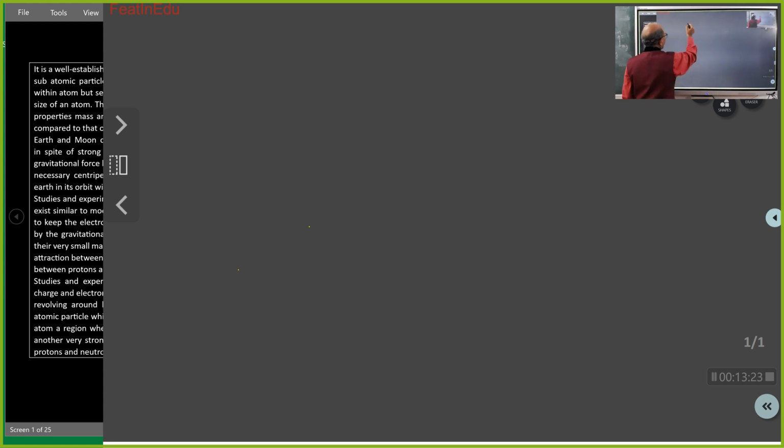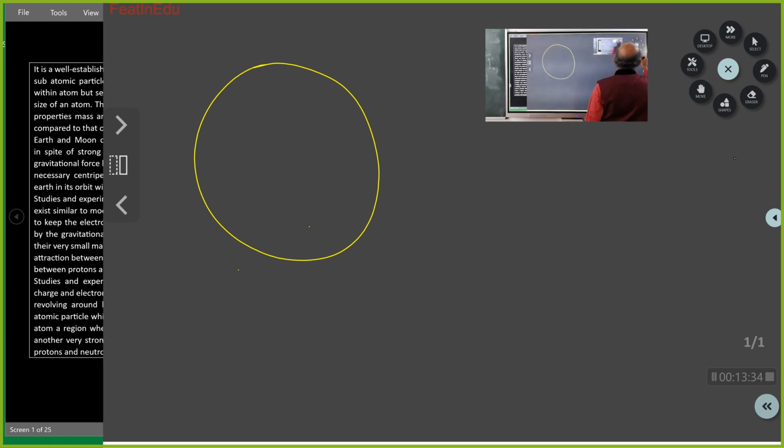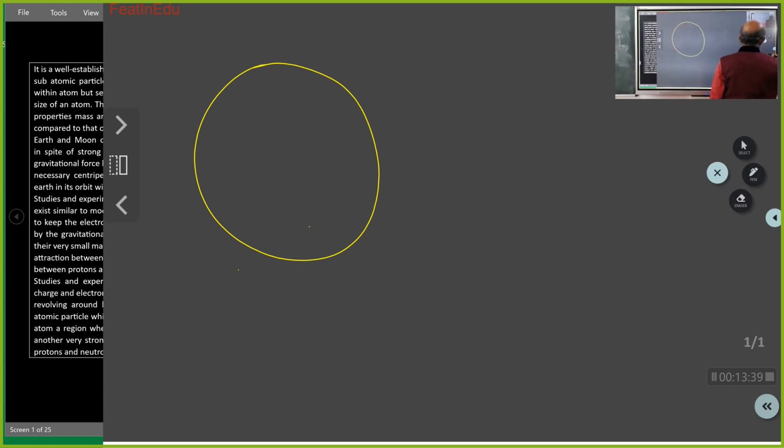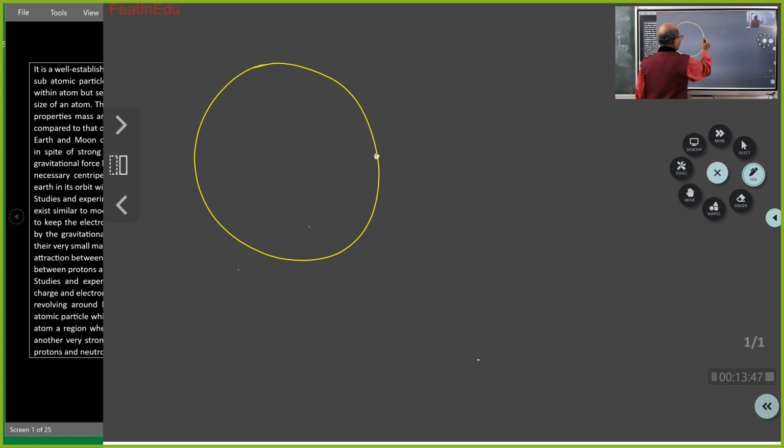Here you have a circle, and in the circle you have a body with mass m, moving with speed v. Assume that it is performing uniform circular motion in this circle of radius r.